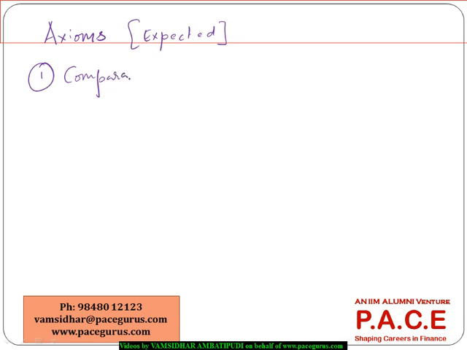Investor comparability. So what we can say is the investor can really compare between two choices. The outcomes of the two choices that are available to the investor, he is comfortable enough in comparing.